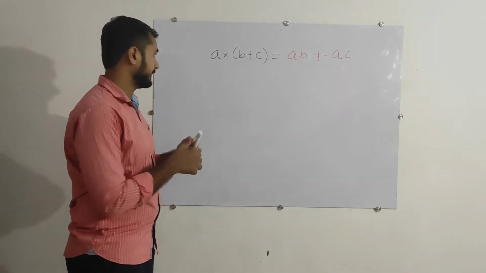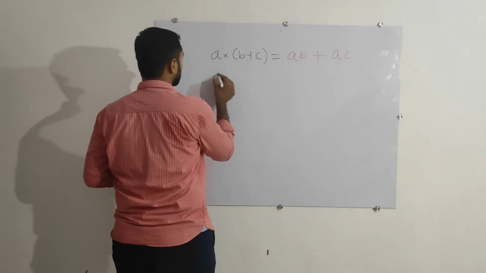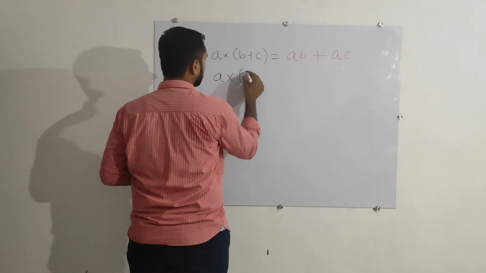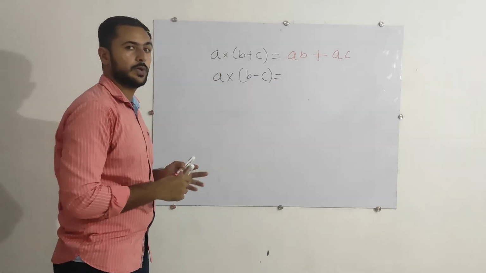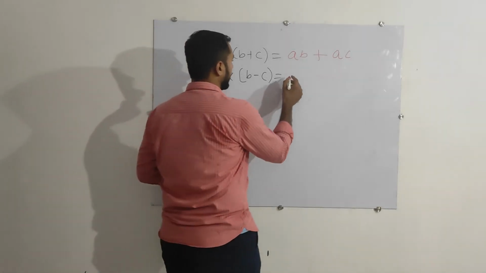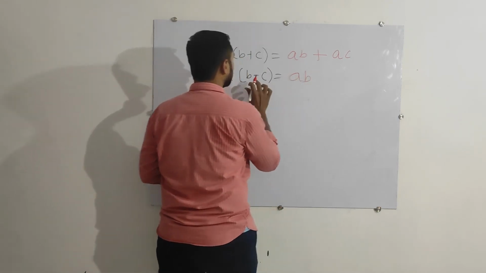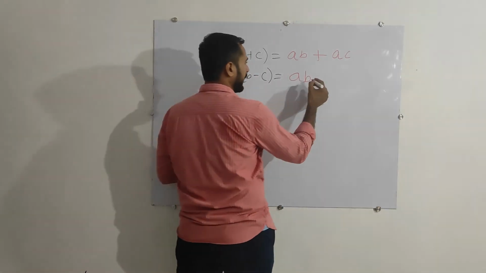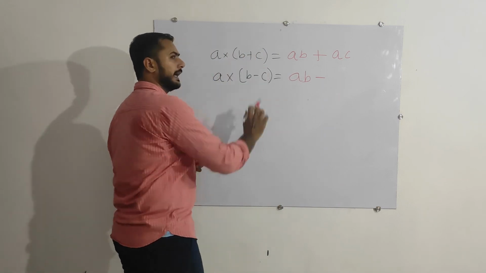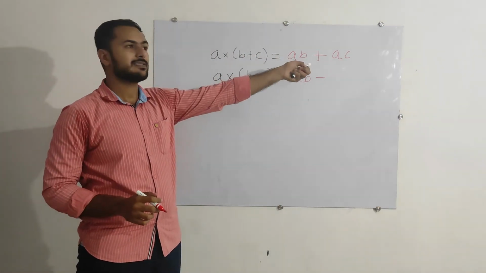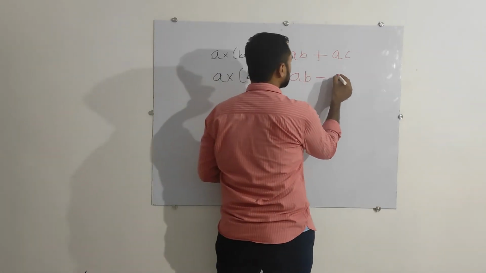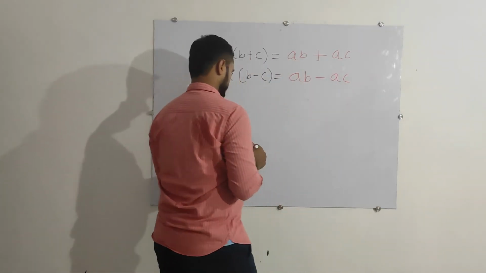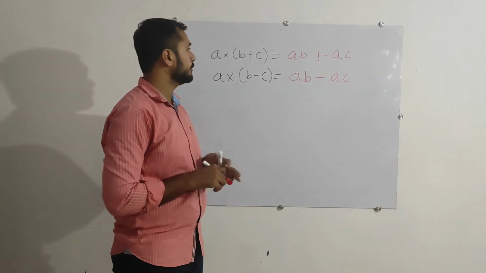Suppose there is subtraction. At that time, what will happen? If I write A multiplied by B minus C, it will be A into B, and here is subtraction, so we just put the subtraction. There was addition, so we kept addition. Now with subtraction, A into B minus A into C. This is how we can do the distribution.